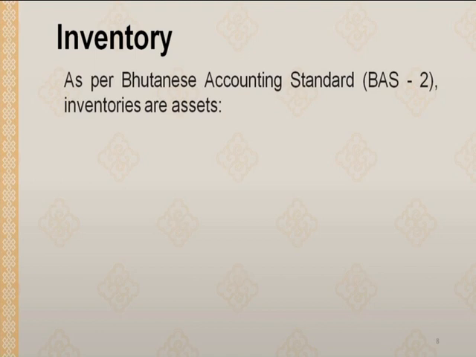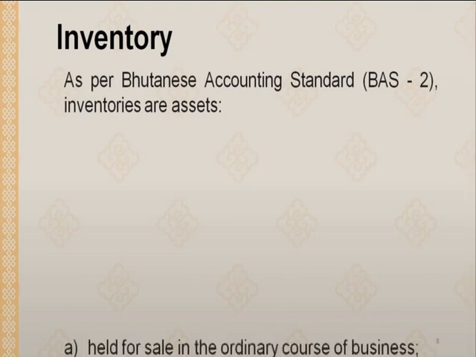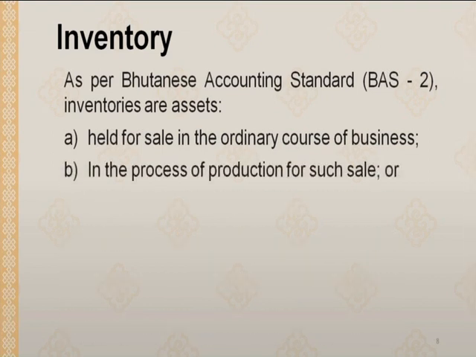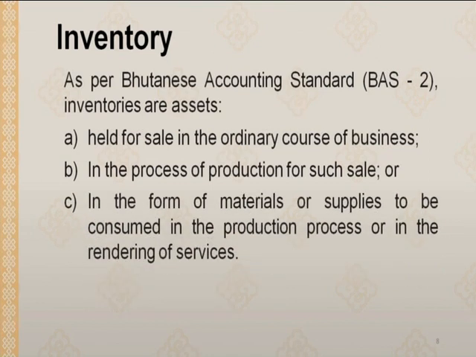Now let us look at the definition or meaning of inventories as per BAS, that is Business Accounting Standard 2. Inventories are assets held for sale in the ordinary course of business, in the process of production for such sales, or in the form of materials or supplies to be consumed in the production process or in the rendering of services.